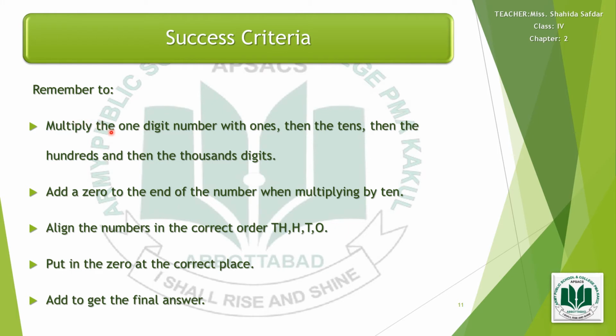Next is add a 0 to the end of the number when multiplying by 10. Align the numbers in the correct order, that is ones, tens, hundreds and thousands. Put in the 0 at the correct place, and the last is add to get the final answer.